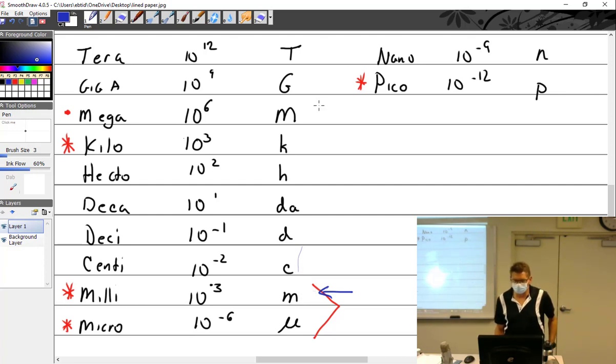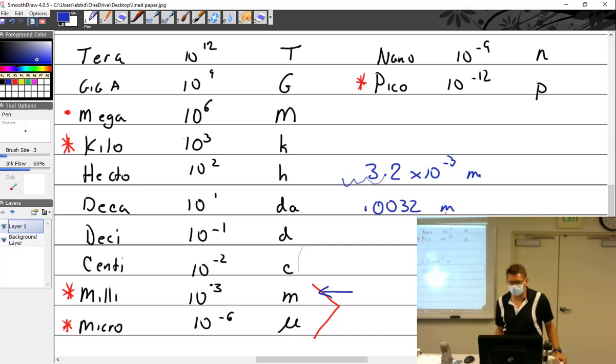You cannot do something like 3.2 times 10 to the negative third millis, because that is mixing things up. What is 3.2 times 10 to the negative third? It's 0.0032.